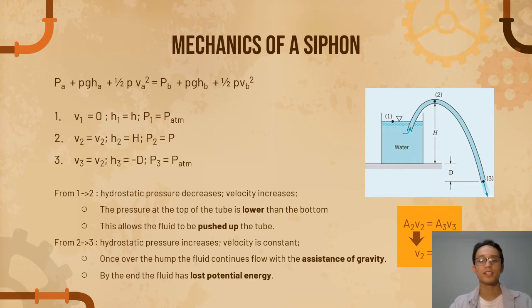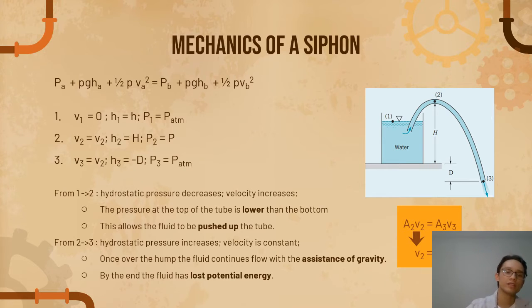So let's move on to describing the mechanics. Here you can see a figure where you have points 1, 2, and 3, where at point 1 it's at height little h, at point 2 it's at height big H, and then at point 3 it's at height negative d, where 0 is the base of the reservoir.